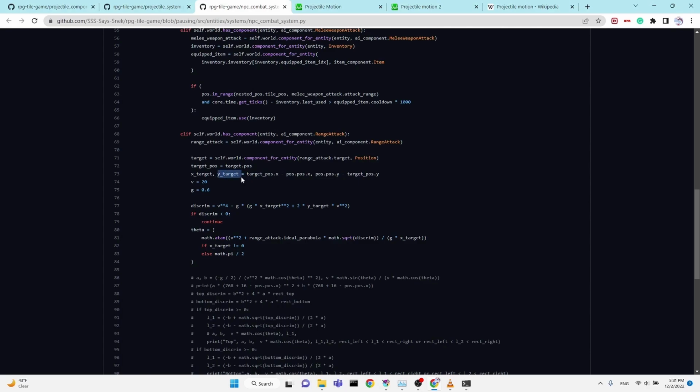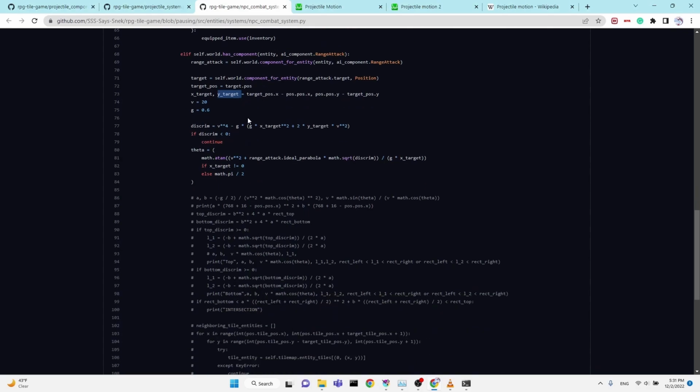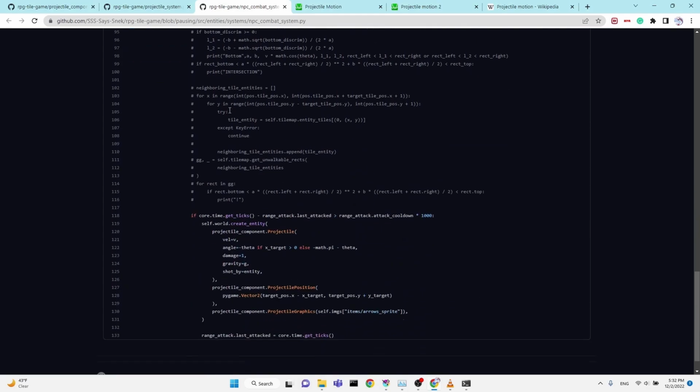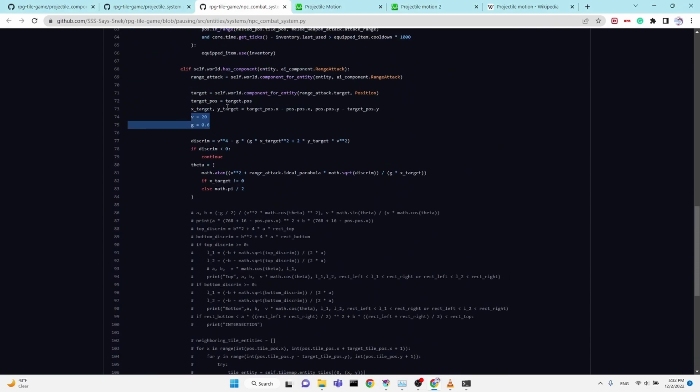And then the Y target is set to the shooter's Y position minus the target. And that's what we said as well, right? Moving on. V is going to be 20. So this basically means our projectile's velocity is going to be 20, and our gravity is going to be 0.6, so it can actually calculate the angle, right?